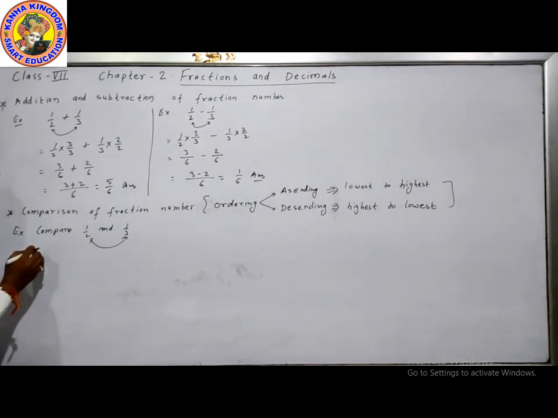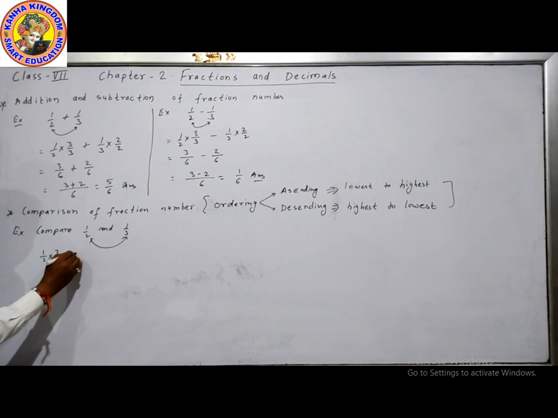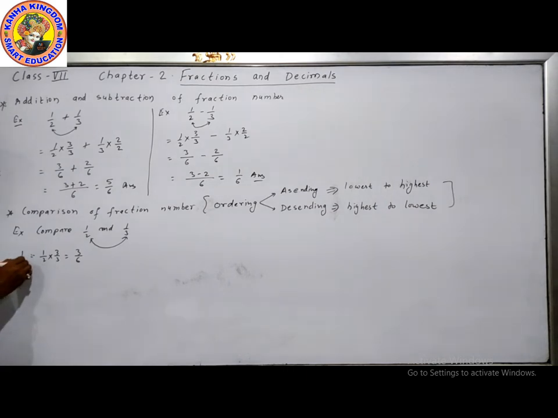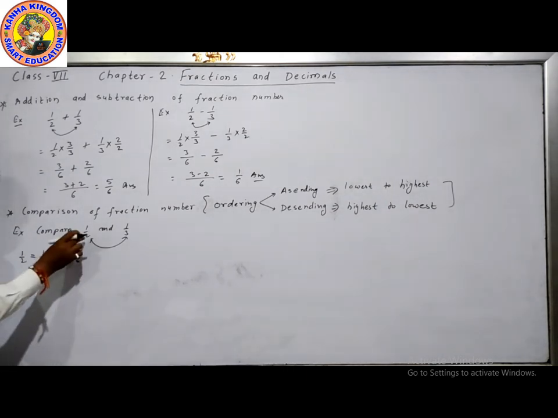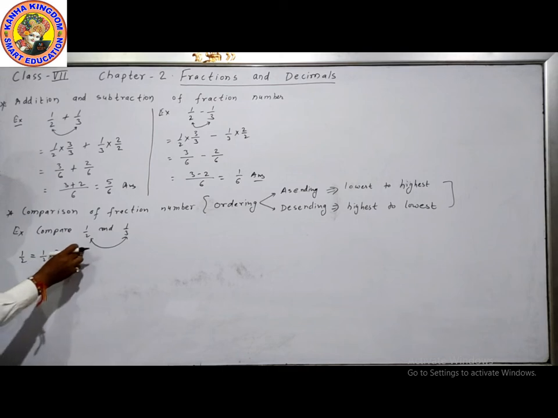Then 1 by 2 multiplied by 3 and 3 is 3 by 6. Making the denominator equal, 1 by 2 multiplied by 3, the answer is 3 by 6.